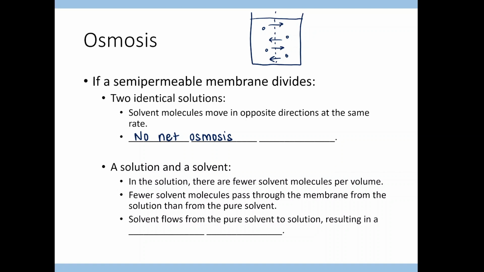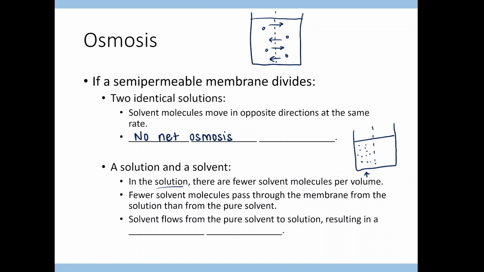Now if you have two sides of that semi-permeable membrane, where one side contains pure solvent and the other side contains a solution, then on the solution side, in this case the left side, there are fewer solvent molecules per volume because some of that volume is taken up by the solute.